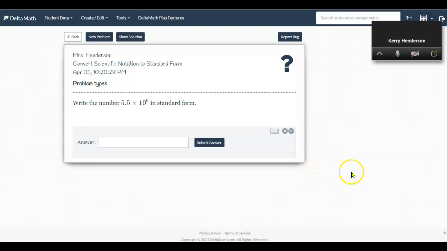The first concept is converting from a scientific number back into standard form. You'll notice in this question that the number is already written in scientific notation.